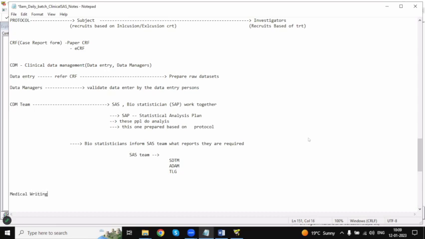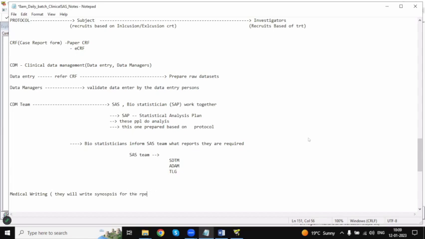So what will this team do? This medical writing team, by referring to these reports, will write a synopsis for the reports.